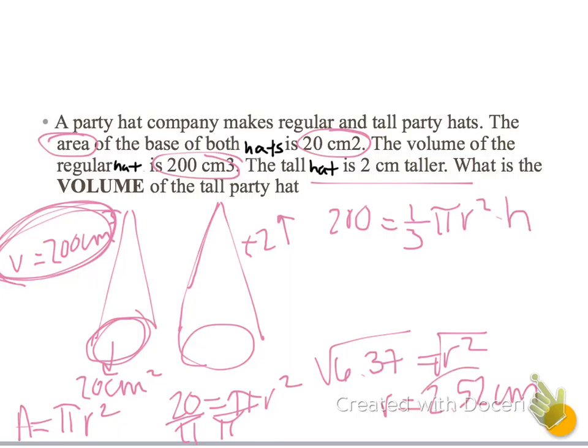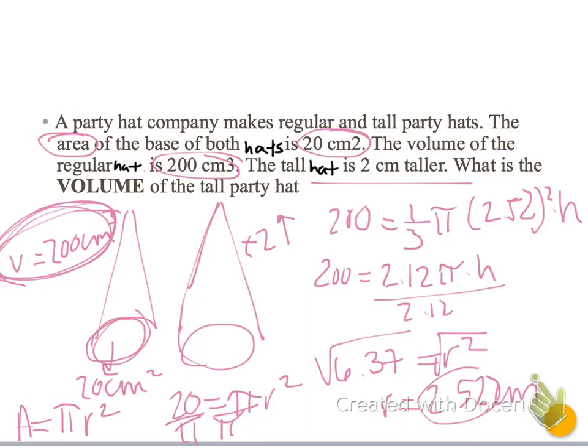I found my radius, 2.52, so I'm going to replace that with 2.52 squared times the height, so we can find the height for just one of the cones. So 2.52 squared is going to give me 6.35, and I'm going to multiply that times 1/3. So we have 200 equals 2.12 pi times h, so let's divide by 2.12 pi to get the height.